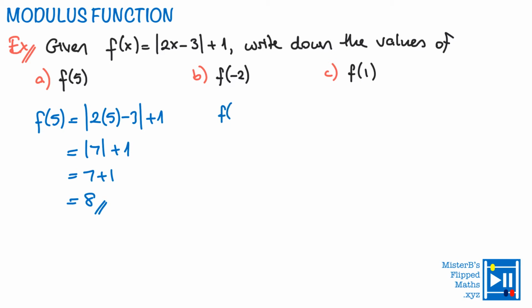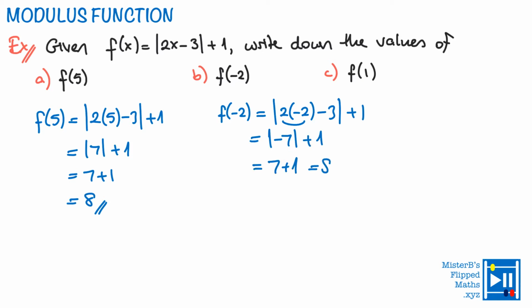For f of negative 2, I go like the absolute value of 2 times negative 2 minus 3, plus 1. That's minus 4 minus 3, so I end up with negative 7 here, plus 1. So again, it is 7 plus 1, which is 8.